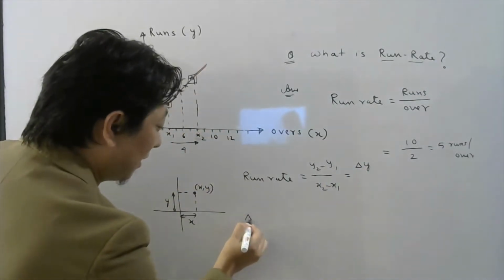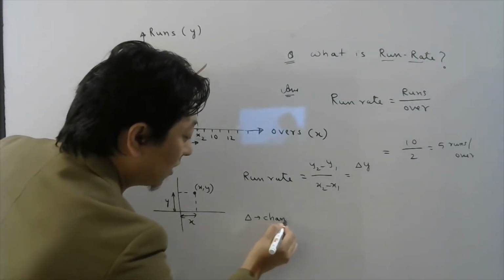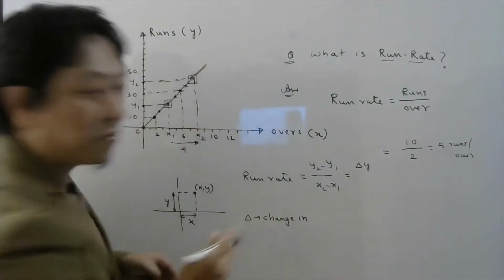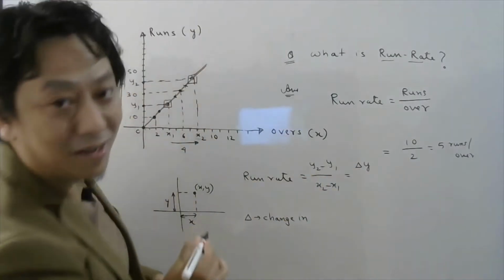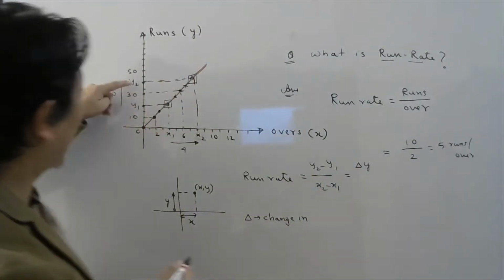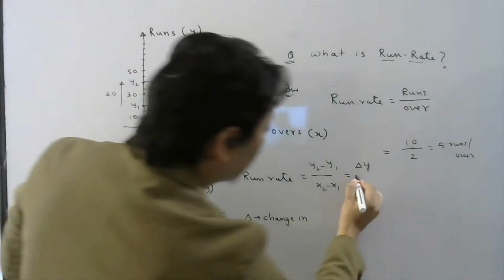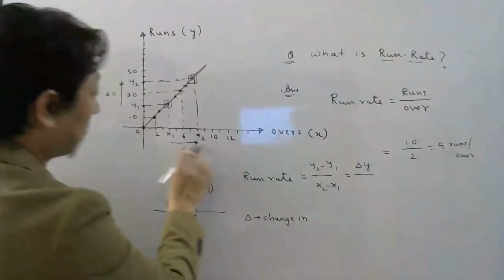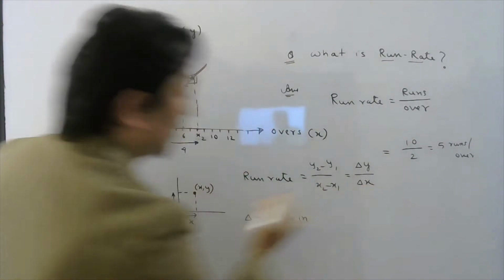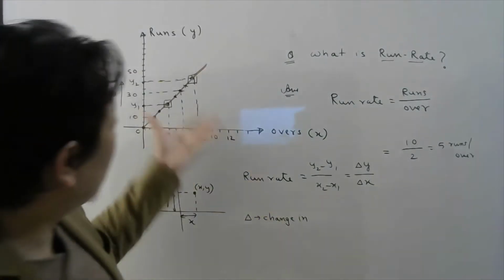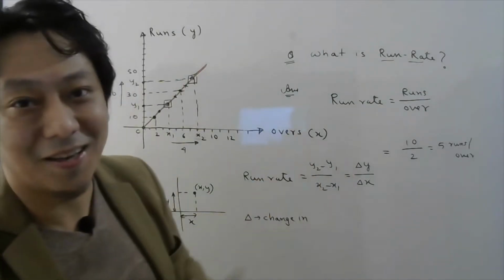The letter delta is a Greek letter which we use in physics to represent change in. So delta y means the change in the y coordinate: the final value y2 minus the initial value y1. Similarly, final x2 minus initial x1 would be written as delta x. So the run rate in this graph can be given by the ratio delta y by delta x, right?